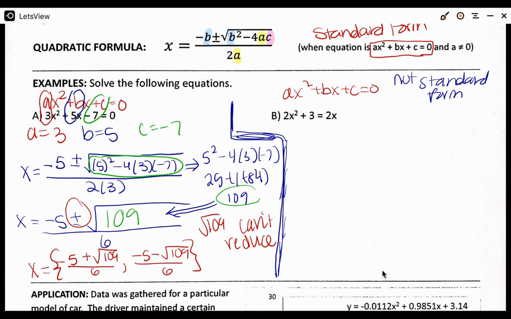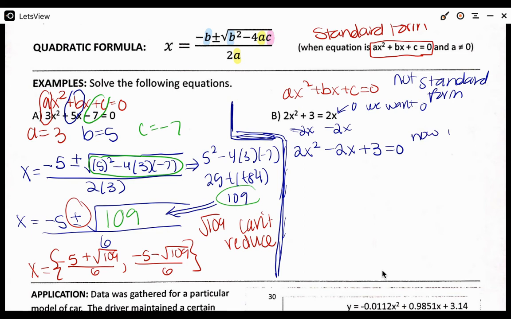So we need to get this side to be 0. We want 0. So minus 2x from both sides. So we get 2x squared minus 2x plus 3 equals 0. So good, we got the 0 we want.